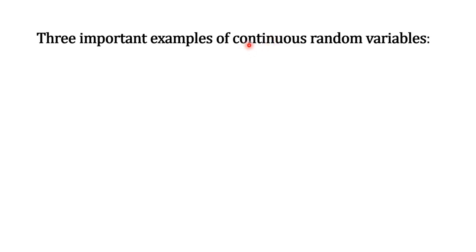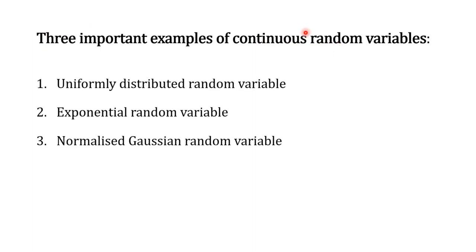If that is the case, we can say it is a continuous random variable. Those three are the uniformly distributed, the exponentially distributed random variable, and the normalized Gaussian random variable.